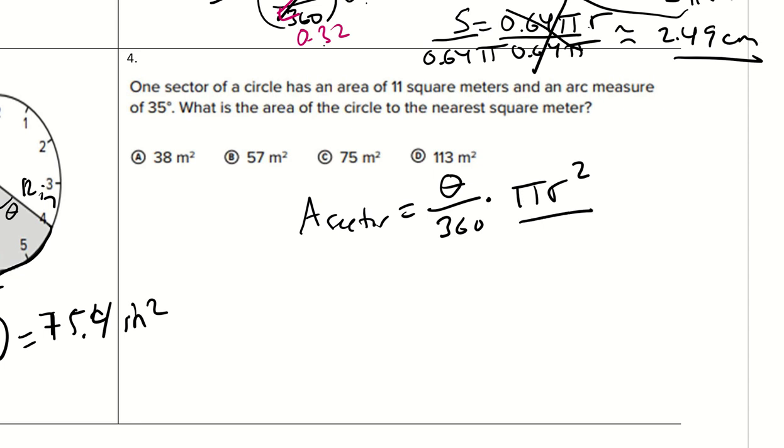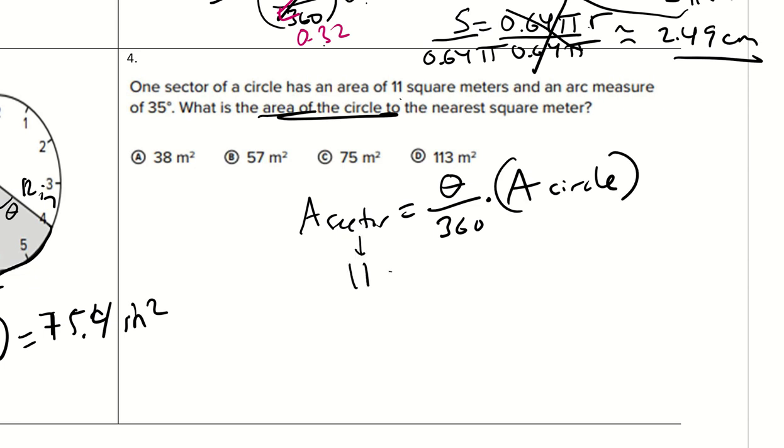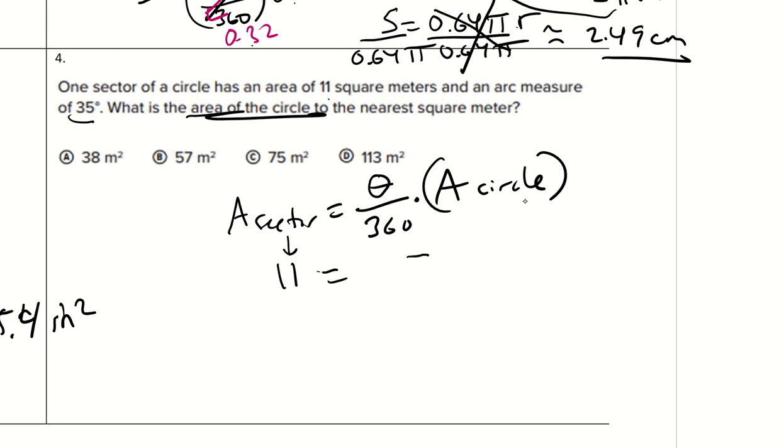However, pi r squared is the area of a circle, so I'm just going to call this the area of a circle, because we want the area of the circle. All right, and it says the area of the sector is 11. So this is 11, and the angle is 35.